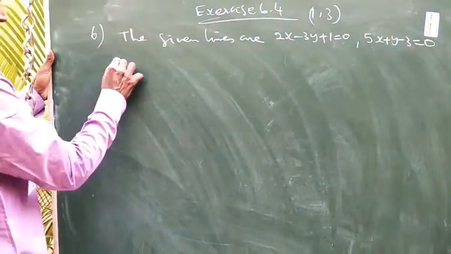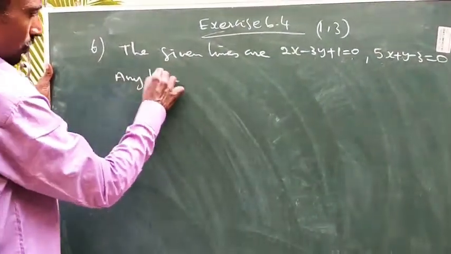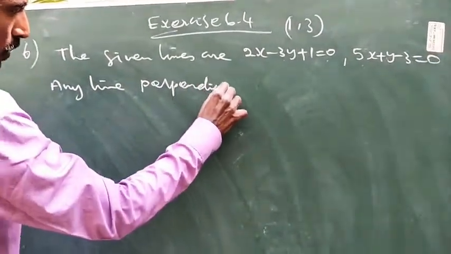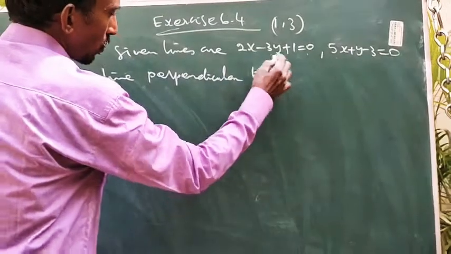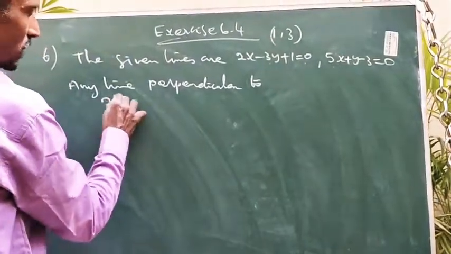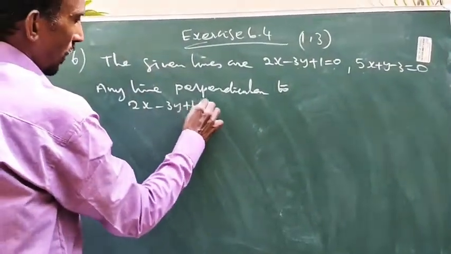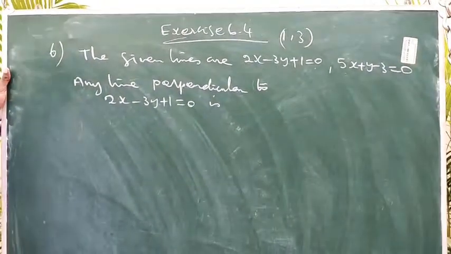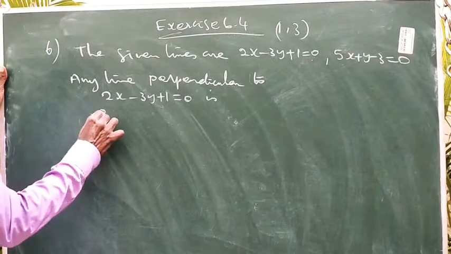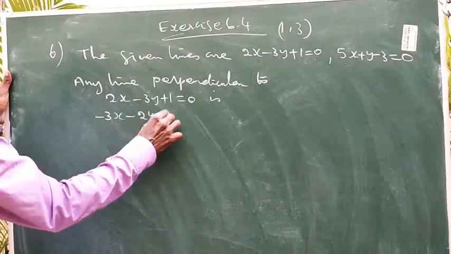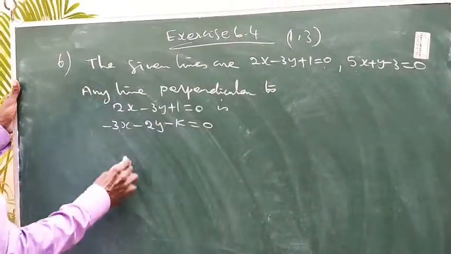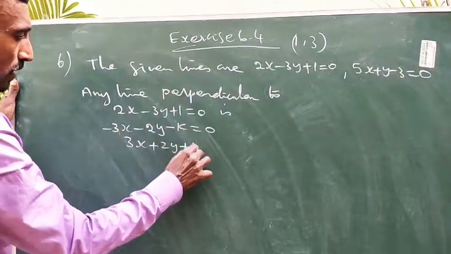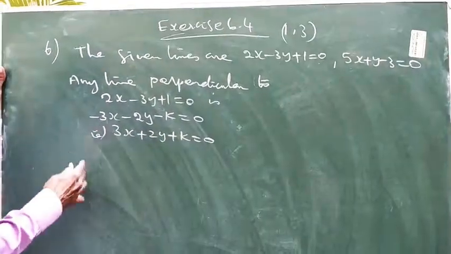So first, any line perpendicular to 2x minus 3y plus 1 equal to 0 is, if ax plus by plus c equal to 0, then bx minus ay. So 3x plus 2y plus k equal to 0, taking the constant as k.